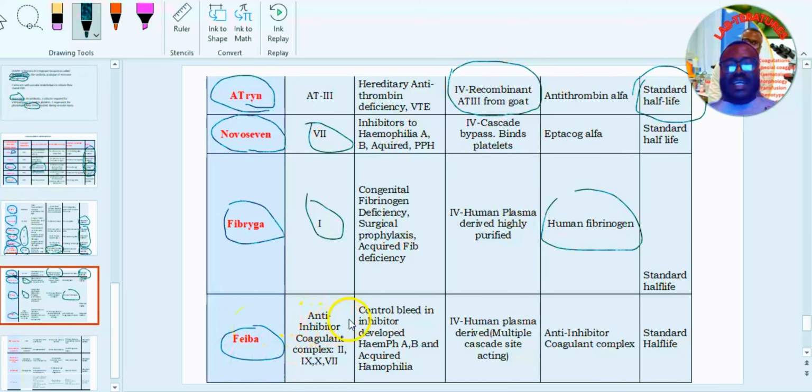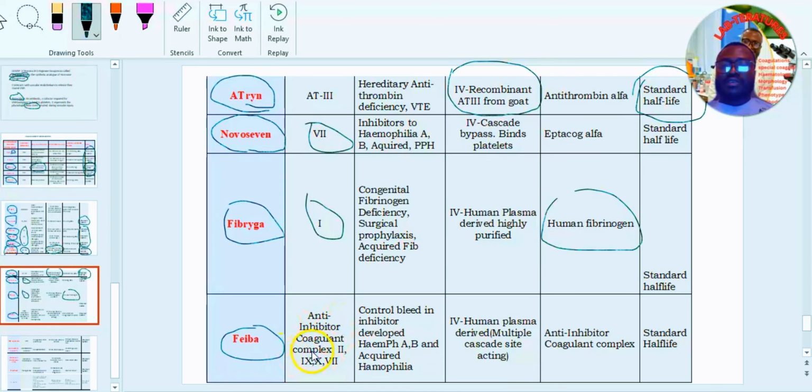This FEIBA has nothing to do with fibrinogen. Yes, so it is anti-inhibitor coagulant complex, and it is to control bleeding in inhibitor-developed hemophilia A, B, and acquired hemophilia. So if a patient has developed an inhibitor against hemophilia, they choose FEIBA instead of the ones listed up there, Elocta, Esperoct, Obizur, those that were stated previously, like I told you about.